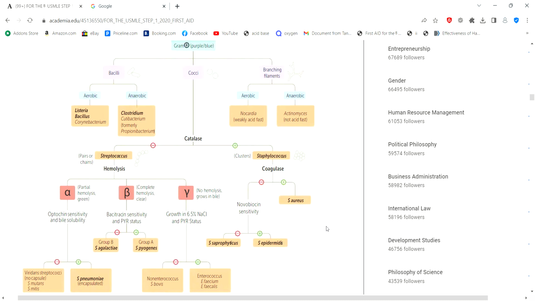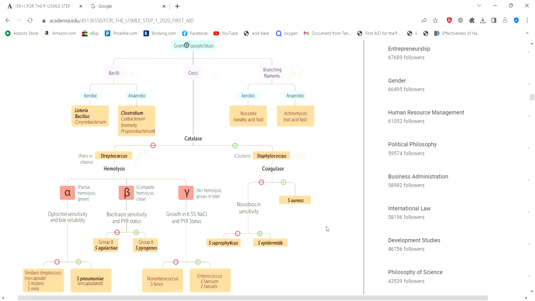that Staphylococcus saprophyticus is novobiocin resistant and catalase positive and coagulase negative and urease positive. And remember, Staphylococcus saprophyticus is seen in young sexually active girls and causes UTI.